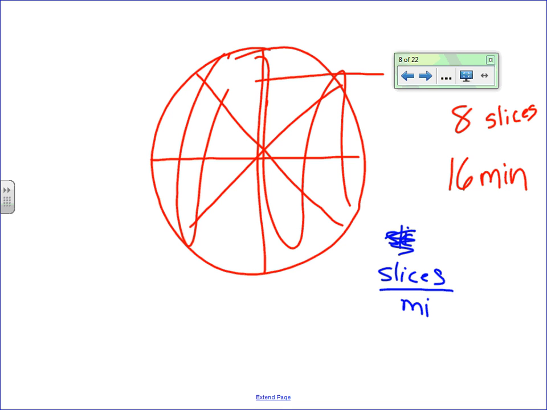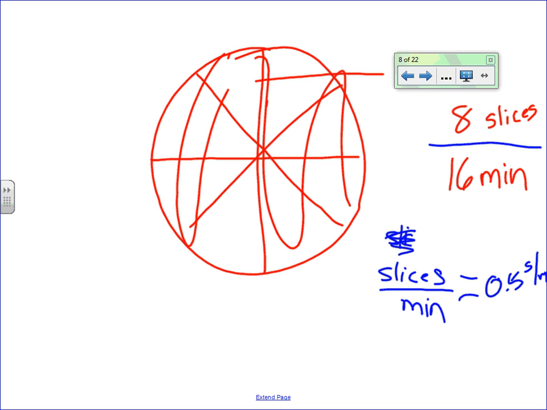So you take your slices and divide by minutes, and you get slices per minute. What would you get in this case if it's 8 over 16? 1 over 2, 1/2. Which means you are eating 0.5 slices per minute.